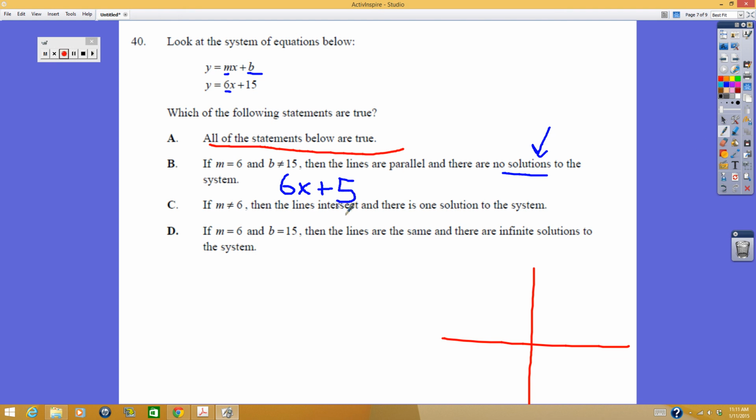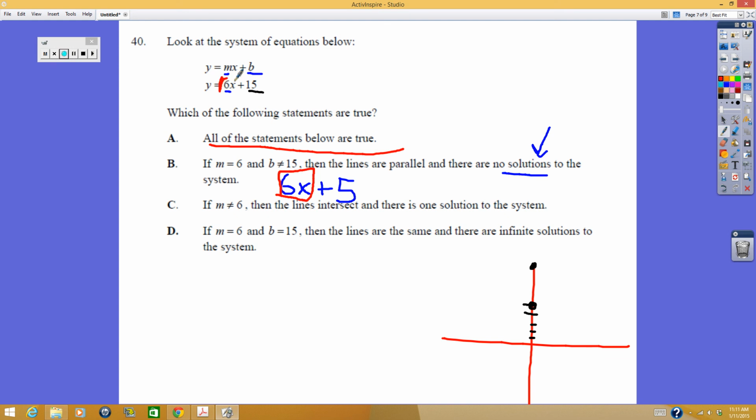If you remember, this number that's by itself is the y-intercept, it's step 0. So for this one that I just made up, you would go up to 1, 2, 3, 4, 5, and that is going to be the intercept for that. For this one, it's going to be starting up all the way at the number 15. Both of these are increasing.